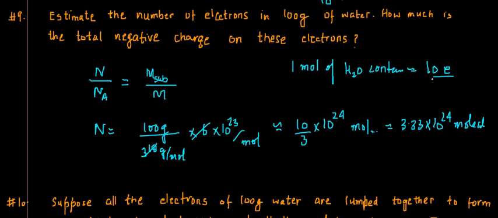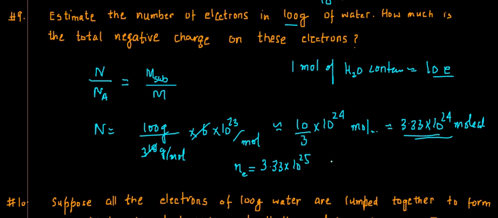So one molecule has 10 electrons. Then how many electrons are associated with these many number of molecules? So we could easily calculate the number of electrons. Let us say Ne will represent the number of electrons in 100 grams of water, which would then be 3.33 into 10 to the power of 25. Okay, so these many electrons are present in 100 grams of water.